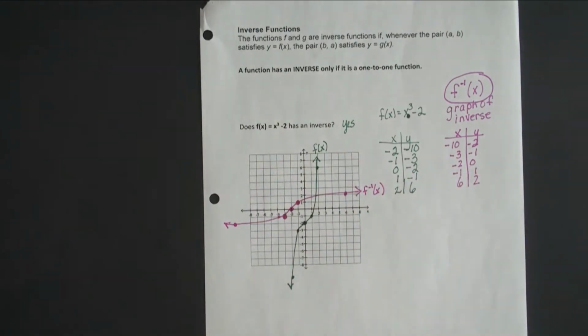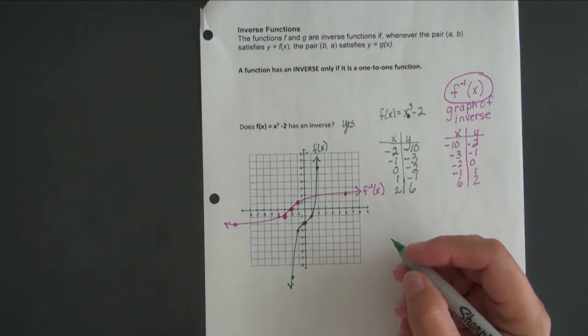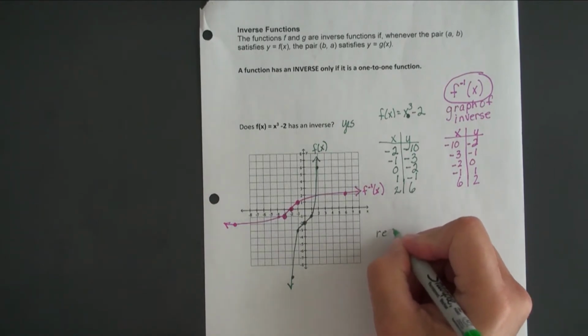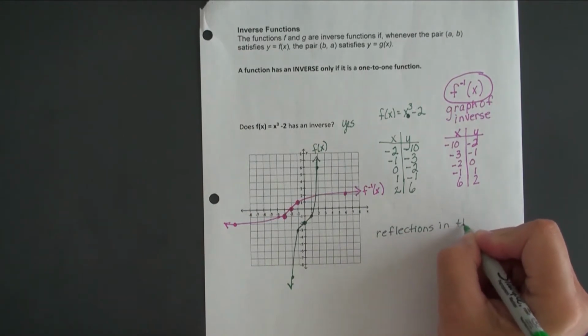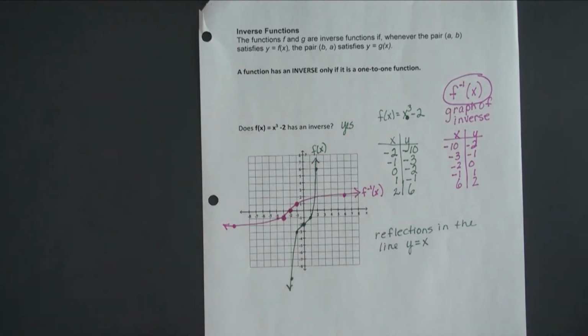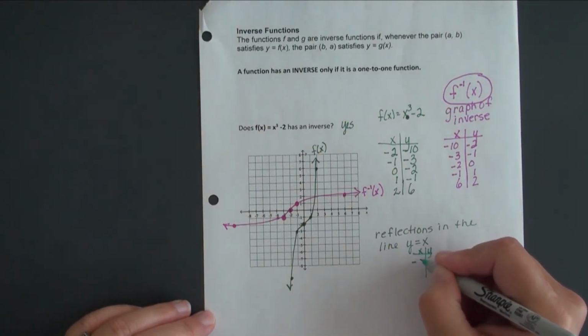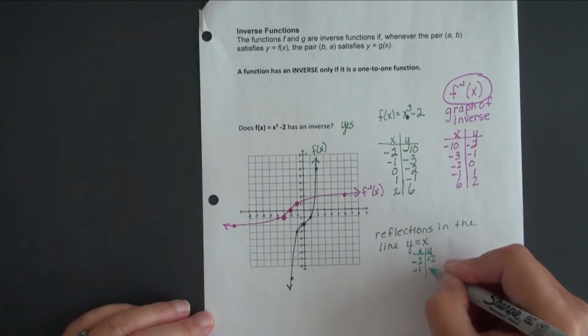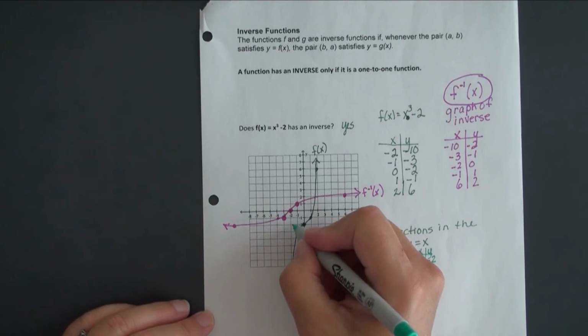What I want you to recognize is that these two functions that we have graphed are reflections in the line y equals x. If I were to draw the line y equals x, I would be graphing the points -2, -2, -1, -1, 0, 0, 1, 1, and 2, 2.